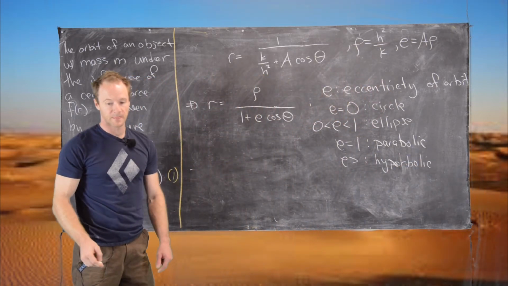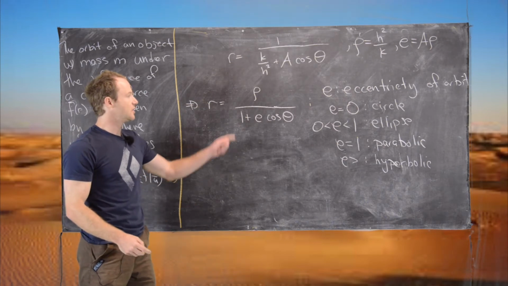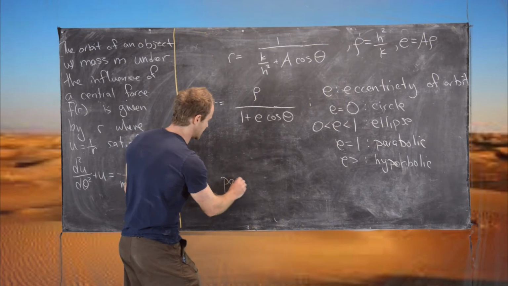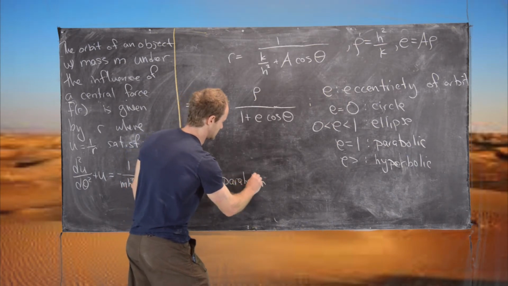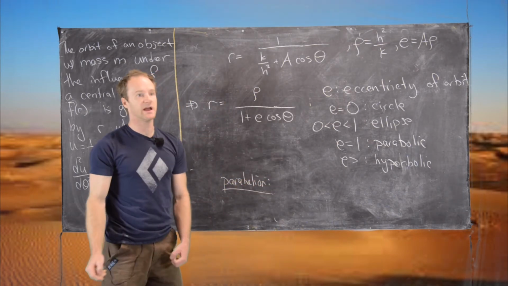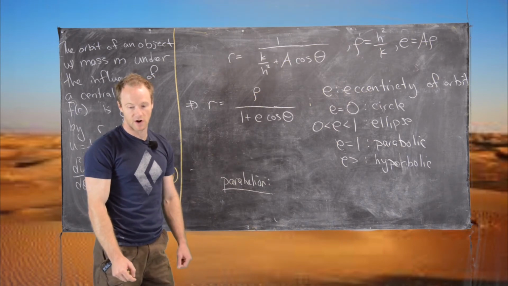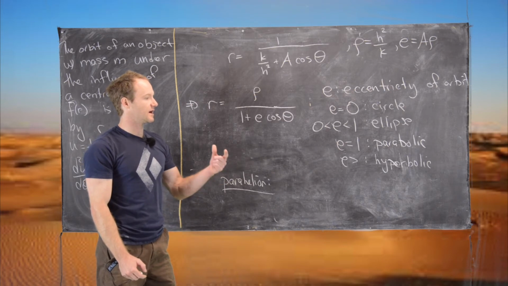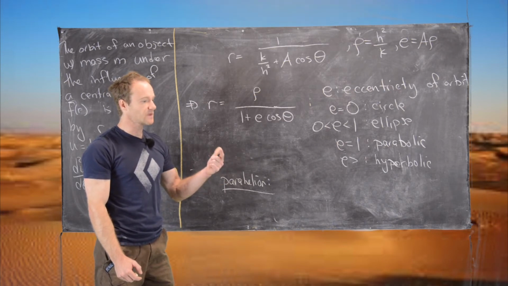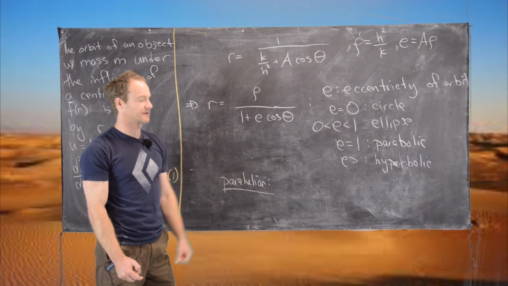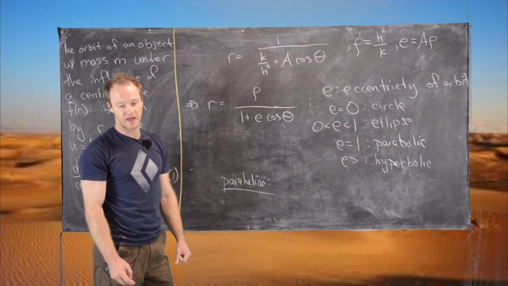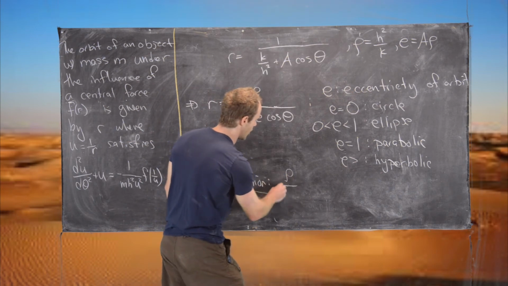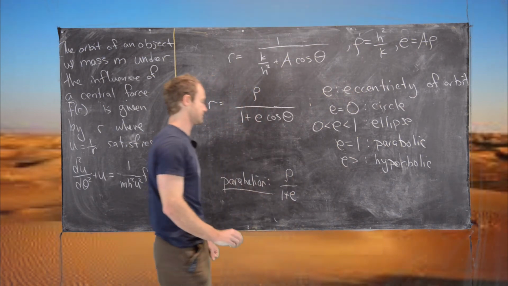And then finally, we have two other numbers attached to this orbit. So the perihelion is given by the minimum distance between the object that is exerting the central force and the object that is orbiting it, and that is given by rho over 1 plus e.